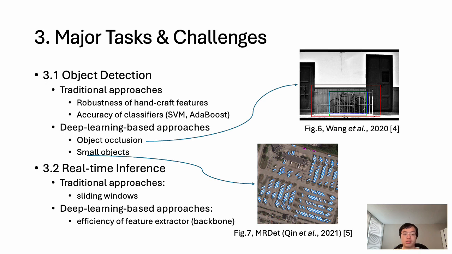And real-time inference is also essential for autonomous driving. For the traditional approaches, sliding windows are very time consuming. And for deep learning-based approaches, the efficiency of the feature extractor results in the reduction of inference time.